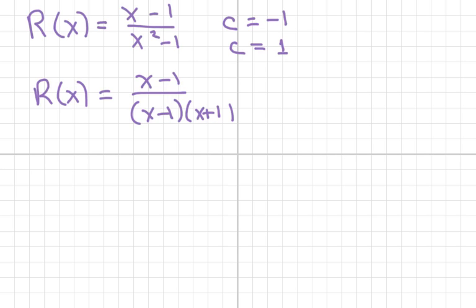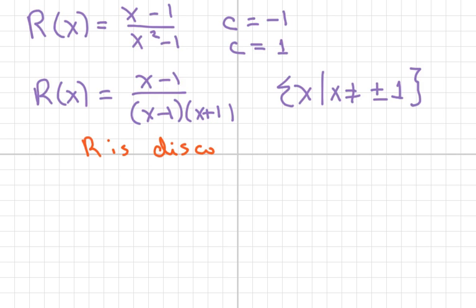The domain of R is x, but x cannot equal plus or minus 1. So that means it's continuous except at 1 or negative 1. So we're going to say R is discontinuous at plus or minus 1.